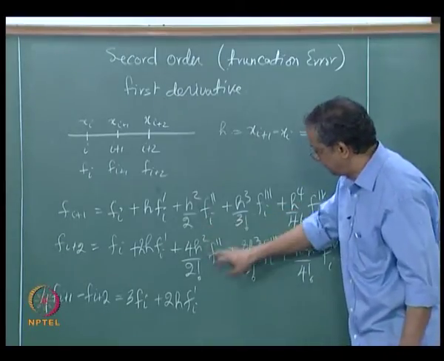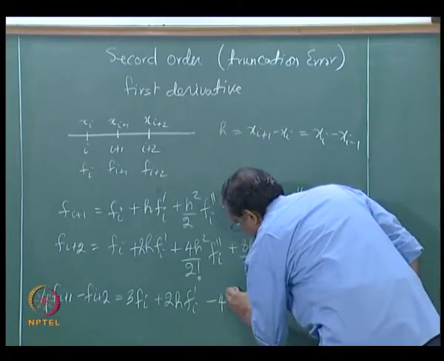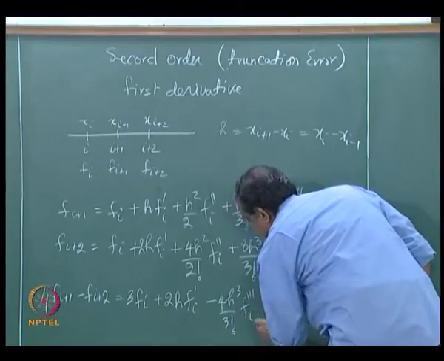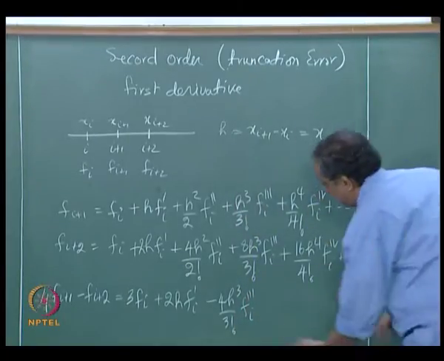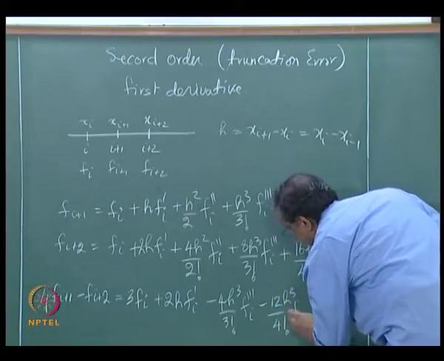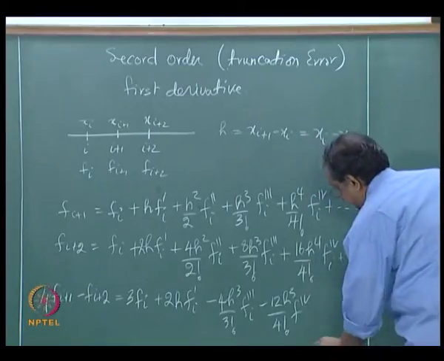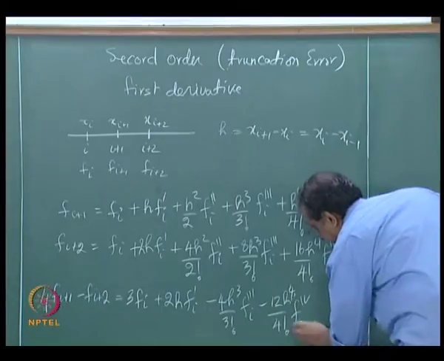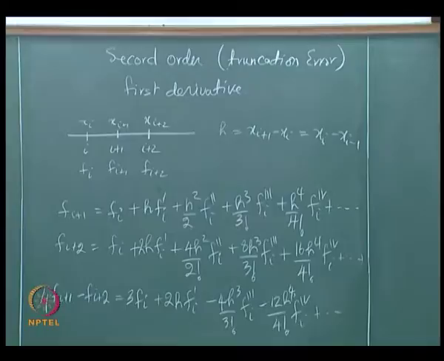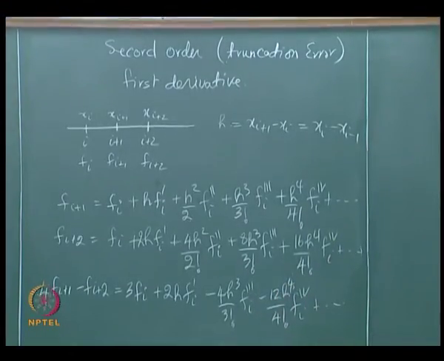This will cancel, that is the whole point of multiplying by 4, and this gives me minus 4h cubed by 3 factorial, the third derivative, minus 12h cubed by 4 factorial, fourth derivative. Did I make a mistake? h to the power 4 and so on. It is very easy to make mistakes; you have to be really careful when you are doing this.